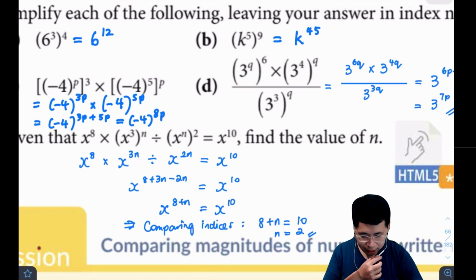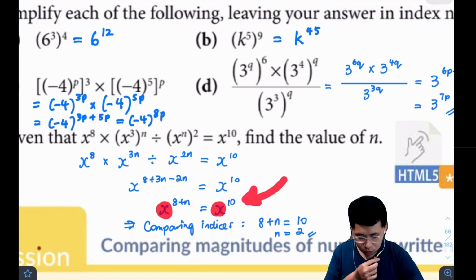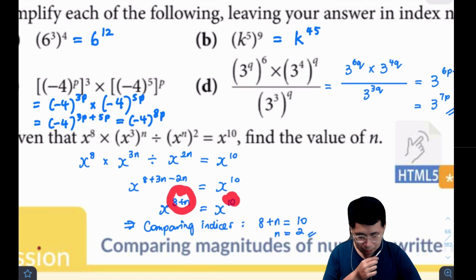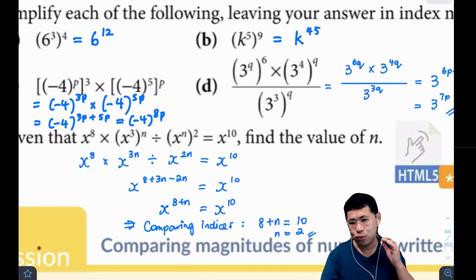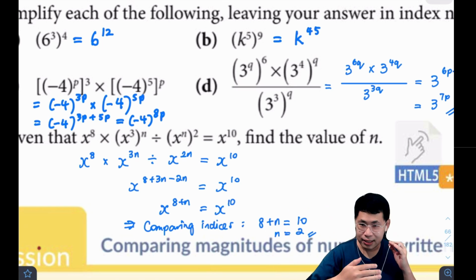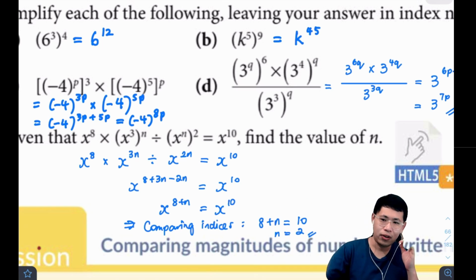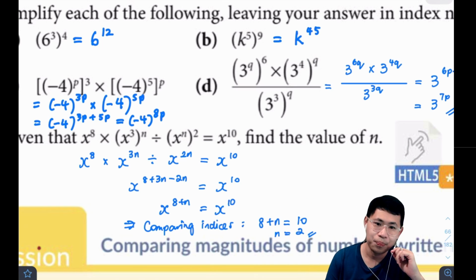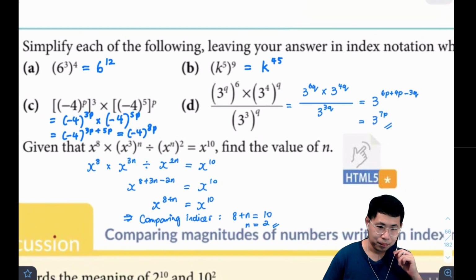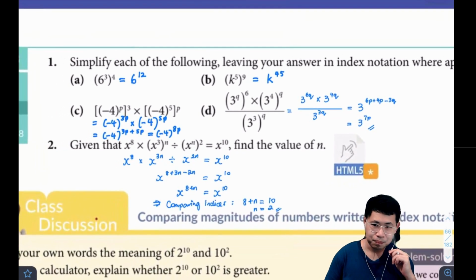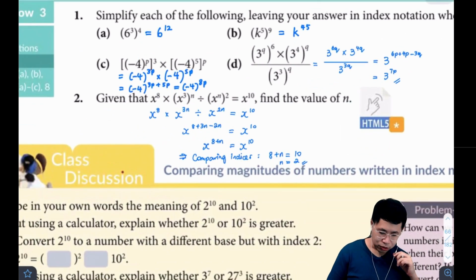Because the bases are the same, the powers must be the same as well. So 8 plus n must be equal to 10. So we can take the index down, 8 plus n equals 10, then solve for n equals 2. Okay, so this will be law number 3.